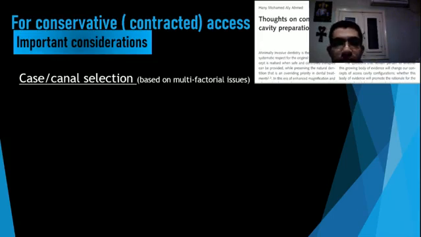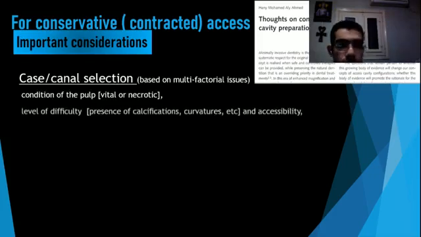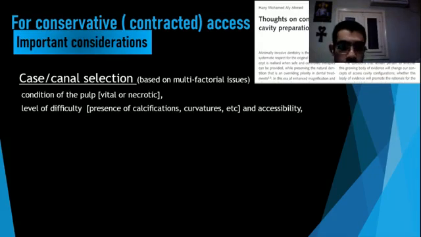You should select your cases, and case selection is based on multifactorial issues like the condition of the pulp, vital or necrotic, the level of difficulty, presence of calcifications, curvatures, and accessibility. Of course, if you have calcifications or curvatures, you may have to make more extension on your access cavity in order not to make subsequent errors.